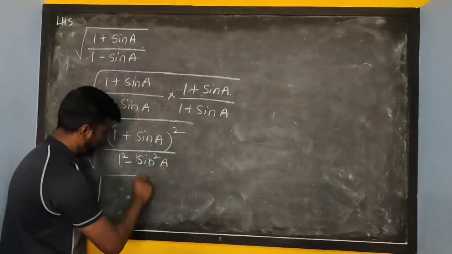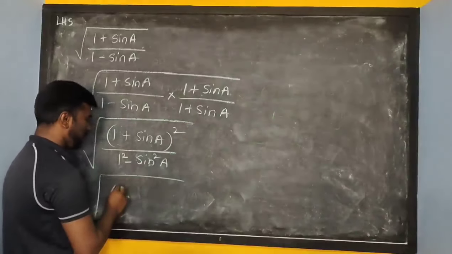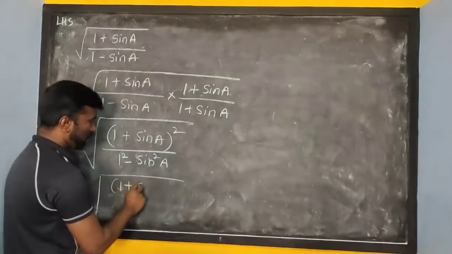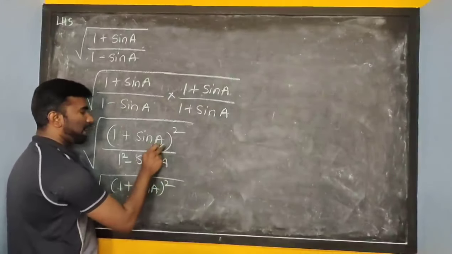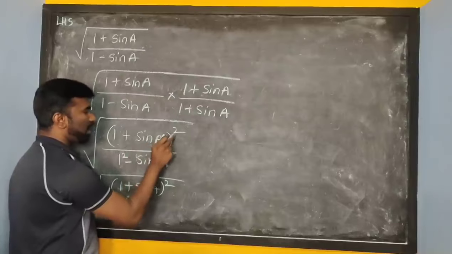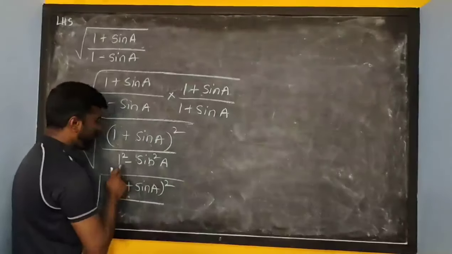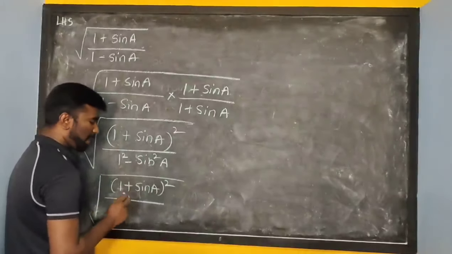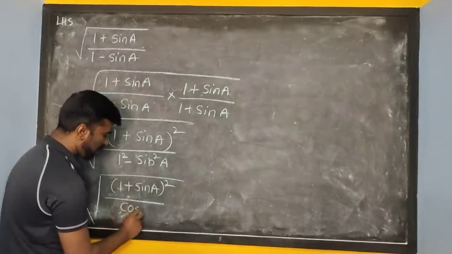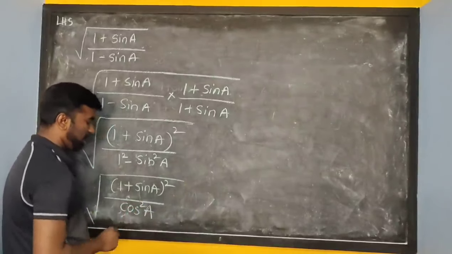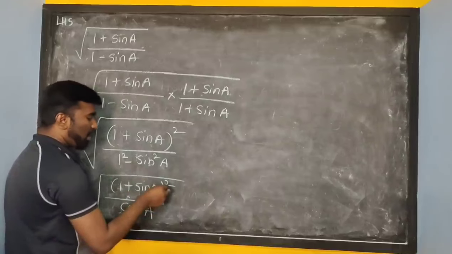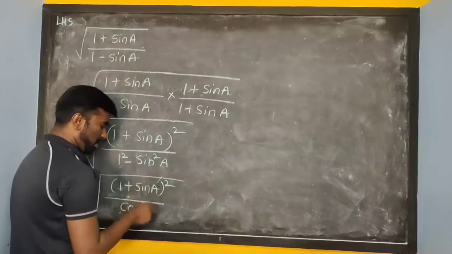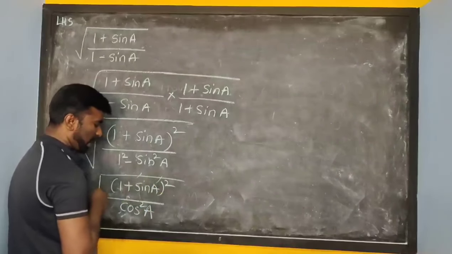Now 1 plus sin A whole square, don't use the identity A plus B whole square. Keep 1 plus sin A whole square as it is. Now 1 minus sin square A, by using the identity I can replace it by cos square A. Now the square root and square will cancel out.